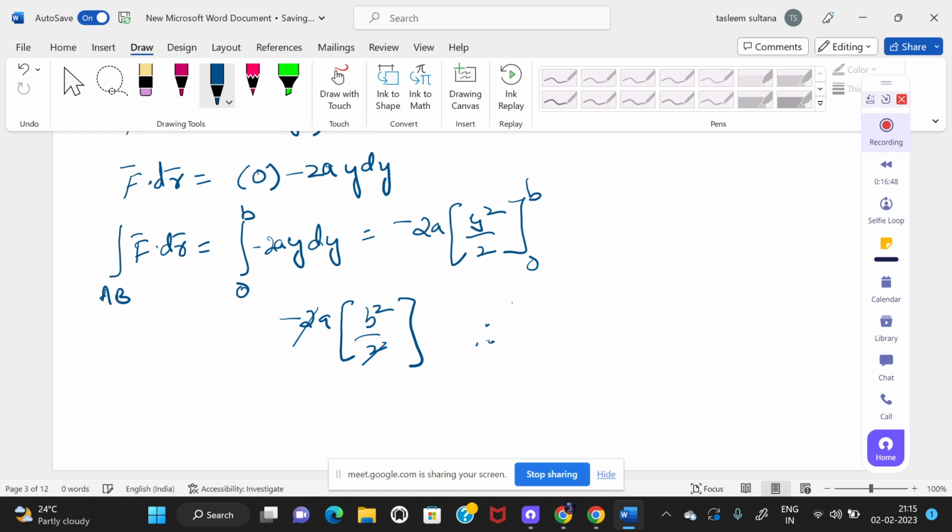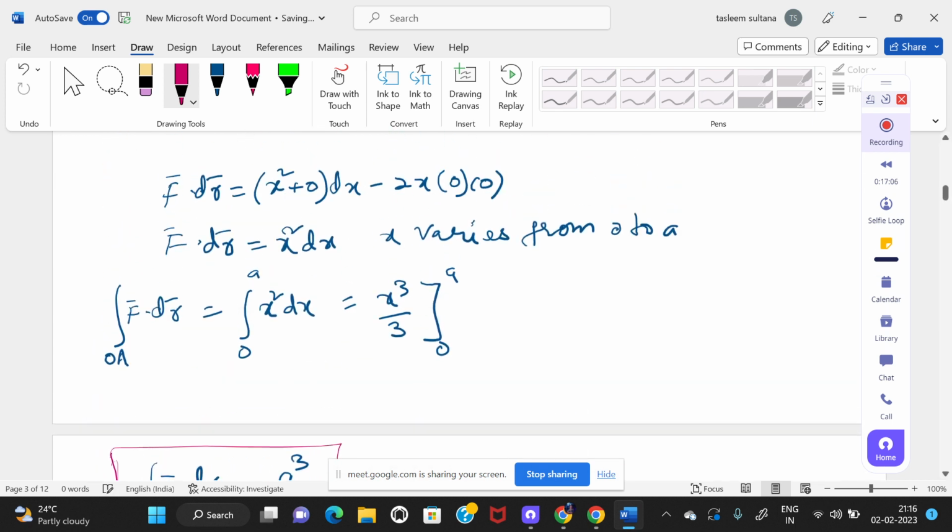Therefore your second line, integrating from a to b f vector into dr vector, is equal to minus a b square. So two more lines are left.